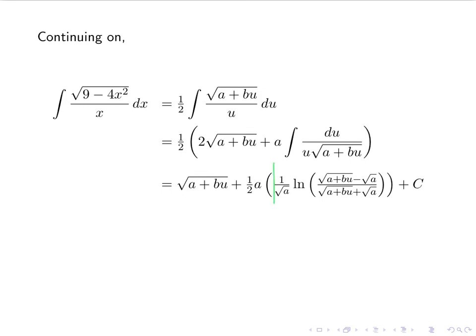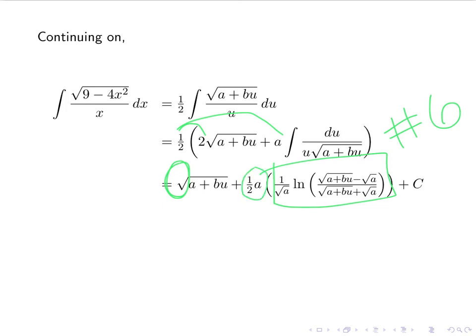So again, this in parentheses is exactly what we get from number 6 in our integral table. Right. And then we're going to plug in our a's and b's and u's. Notice I also distributed my 1/2, so that's why there's no coefficient over here, because a 1/2 times 2 is 1. And then again I distributed, and I have the 1/2 a over here. So now I'll plug in a, b, and u.